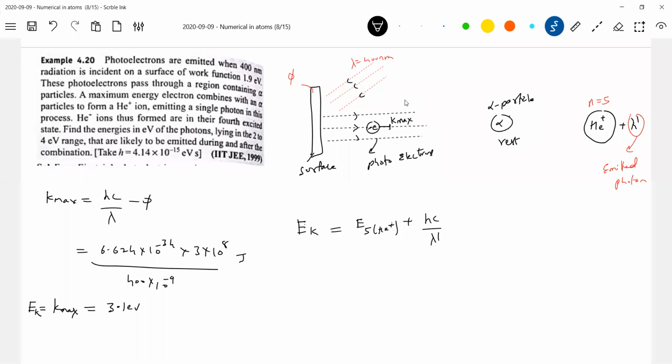Do we know EK? Yes, we know this one. So from that we'll get lambda dash.